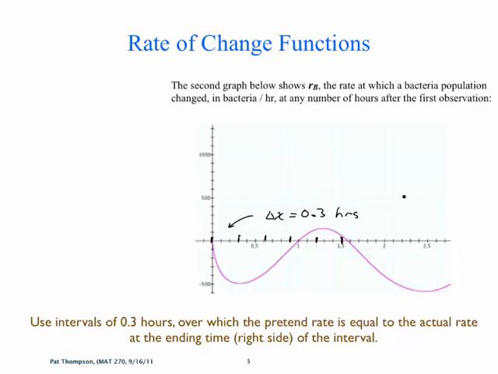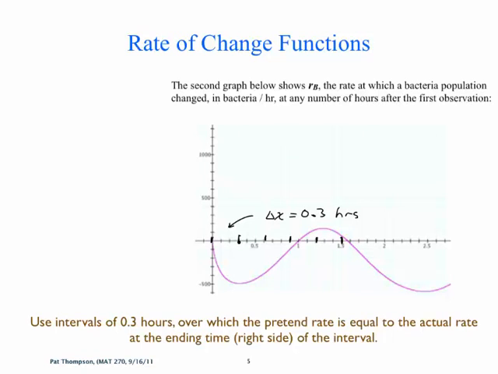And here's how we're going to get these constant rates. In each interval, the pretend rate is going to be the actual rate at the ending time, or the right side of the interval. So in this first interval, what is the x value of the ending time, or the right side? 0.3.